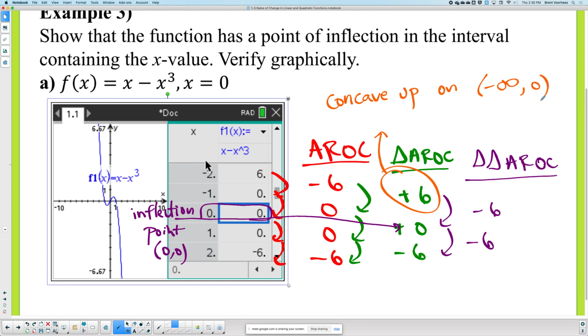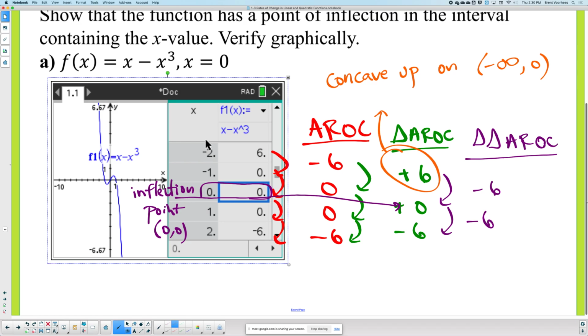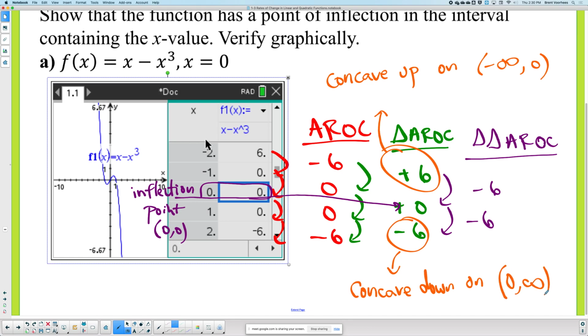And now here we had a negative change in the average rate of change, which means this is concave down. And that starts from 0 to infinity.